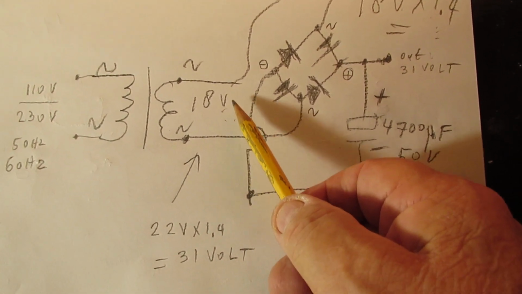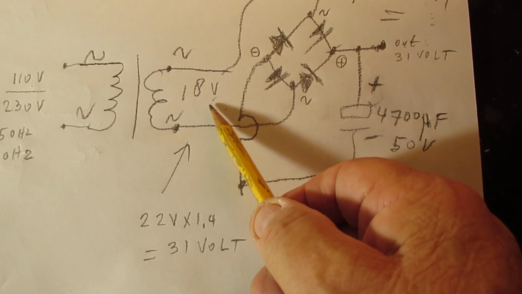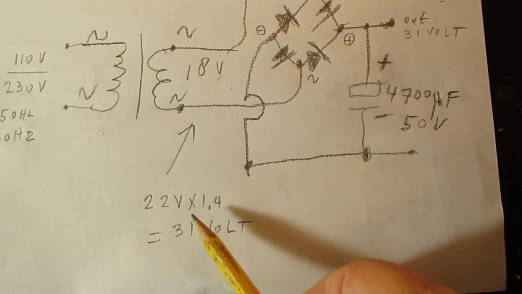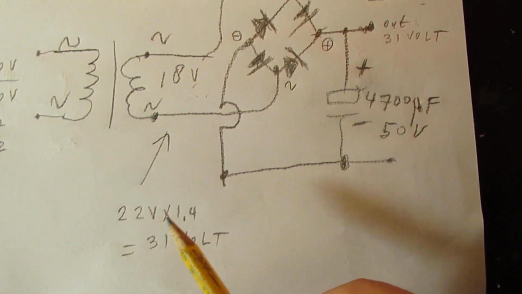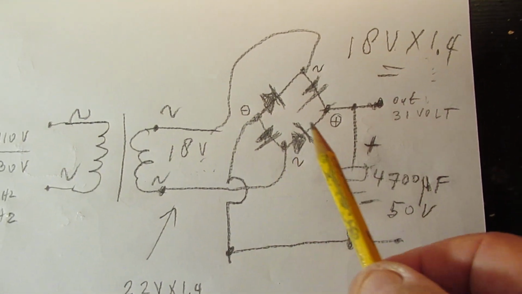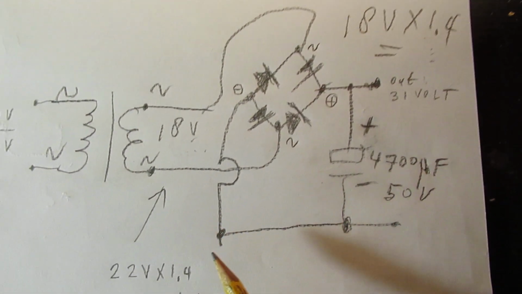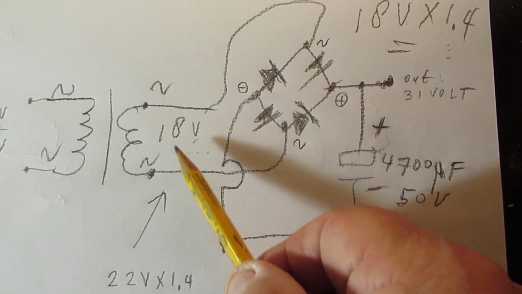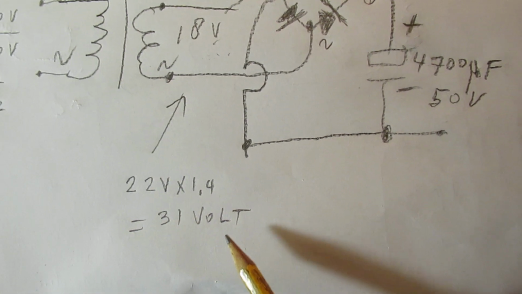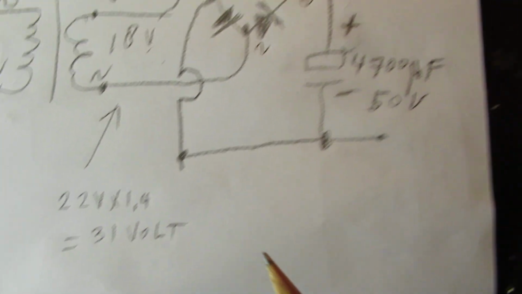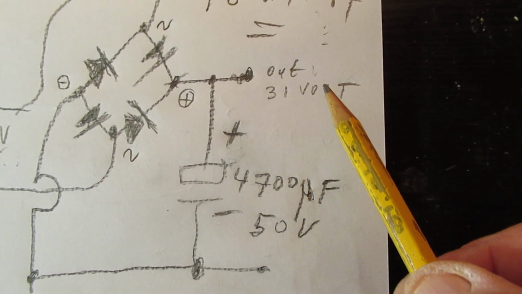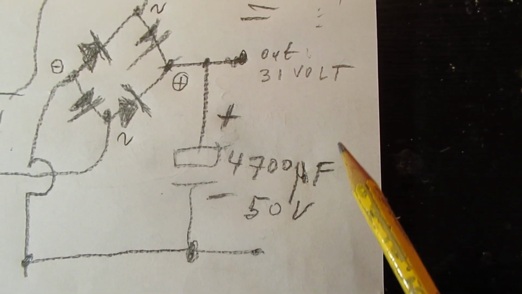The voltage that is told is 18 volts, but in reality it's 22 volts. That means that at the output of the bridge rectifier is not 18 volts but 22 volts multiplied by 1.4. That means that we have 31 volts out.